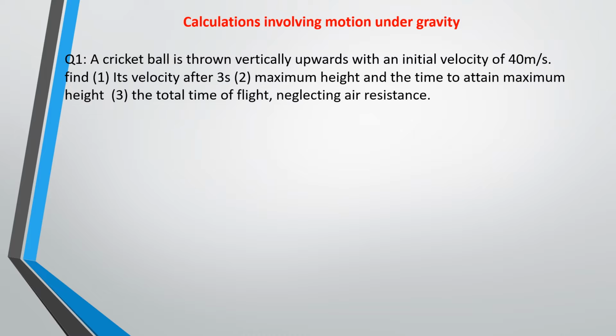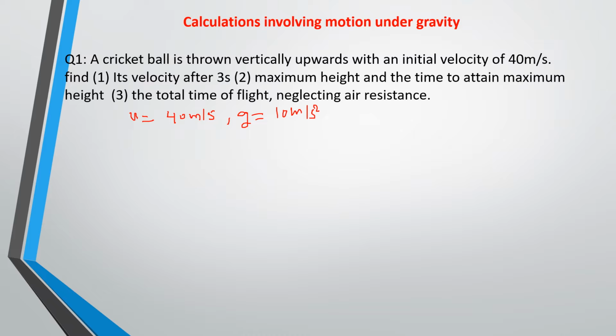Remember that you are given the initial vertical velocity, u, to be equal to 40 meters per second. And don't forget that your g is always there, constant, which is 10 meters per second squared.